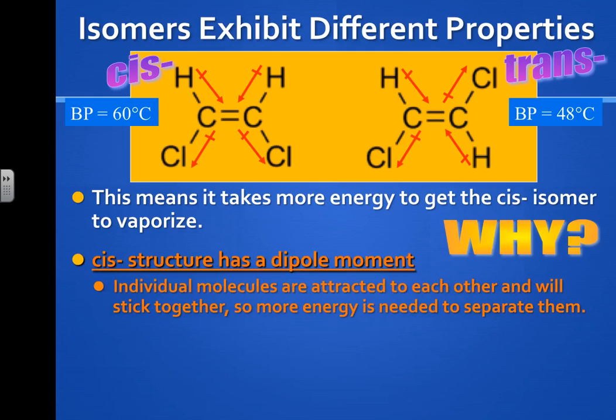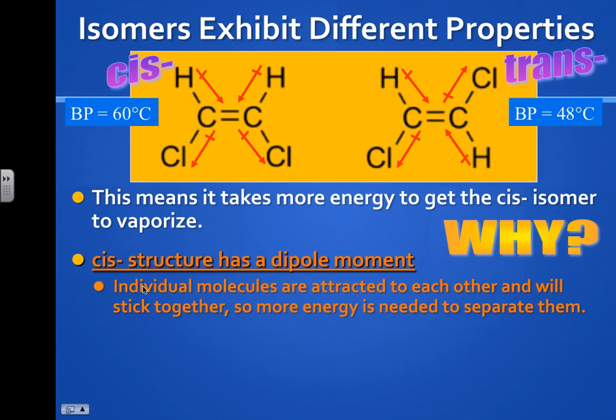The cis structure has a dipole moment. Do you see the structure here? See how the two arrows point in and then these two arrows point out? As opposed to this one, where this arrow points in and right across it points in, and then here this points out, and straight across this points out?